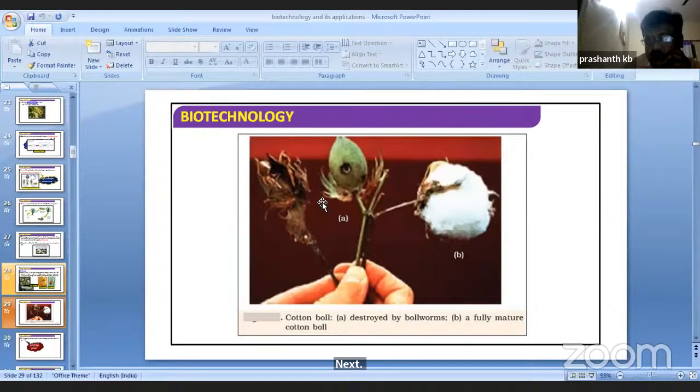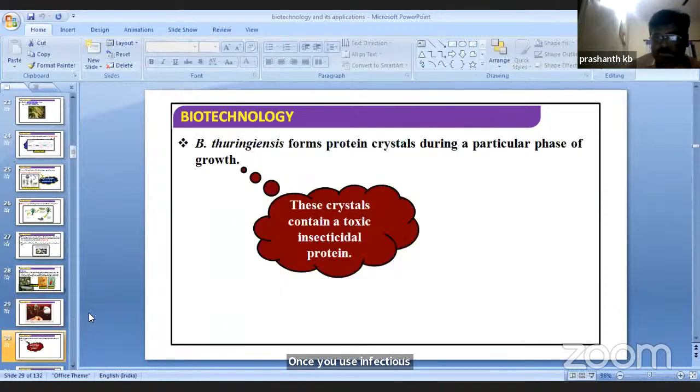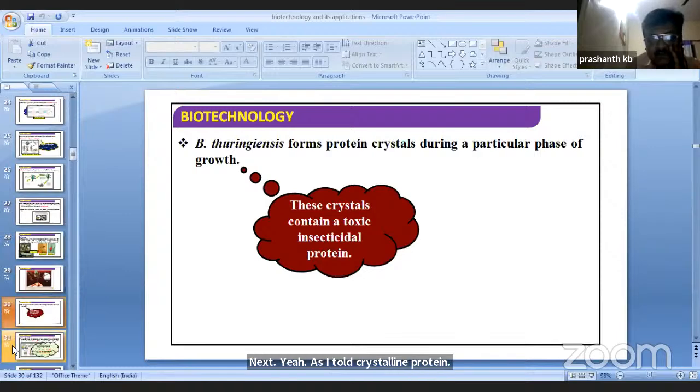Can you see here? At the flower inflorescence stage only, it is getting affected. So the yield of the cotton will drastically reduce once it is infected by the bollworm. Next step. As I told, crystalline protein is a toxic substance.